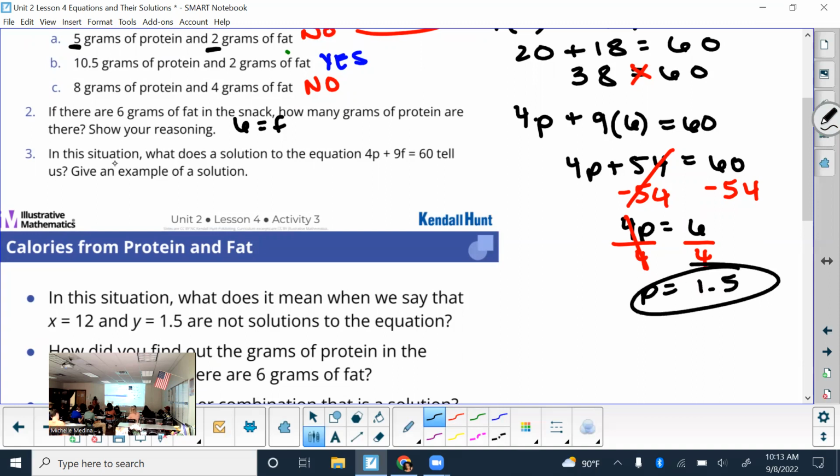So for this question, how many grams of protein must there be when there's 6 grams of fat? Answer is 1.5. All right, and we solved it algebraically. I think algebraically is better than just guessing and checking, right? But there you go. Questions on the lesson today?